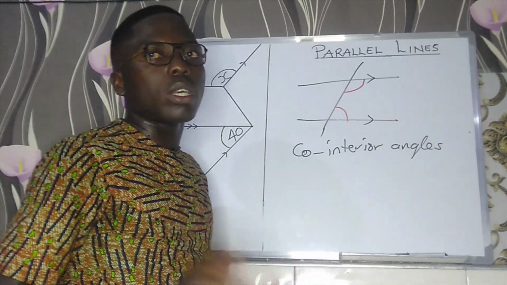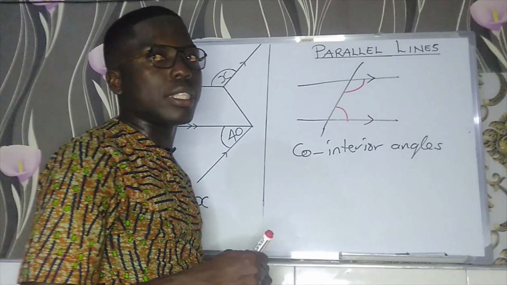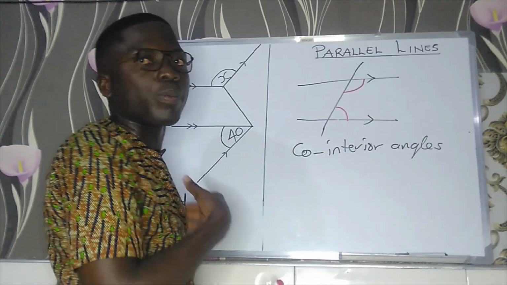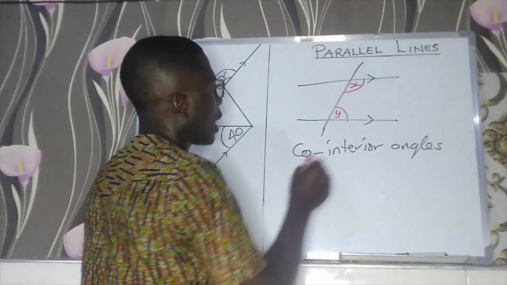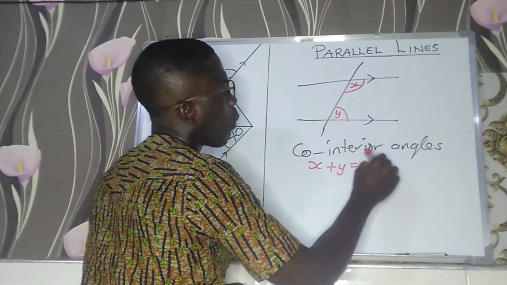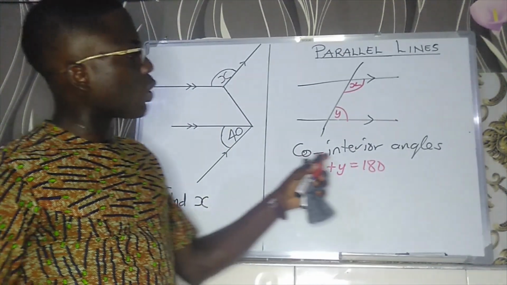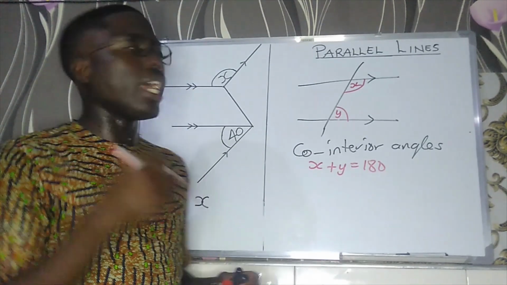They are not equal angles, but they add up to 180. They are supplementary. Good. So if I should have x here and y here, then x plus y should be equal to 180 because they are what? Co-interior angles, which add up to 180.